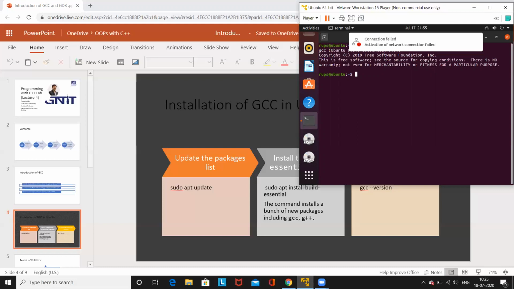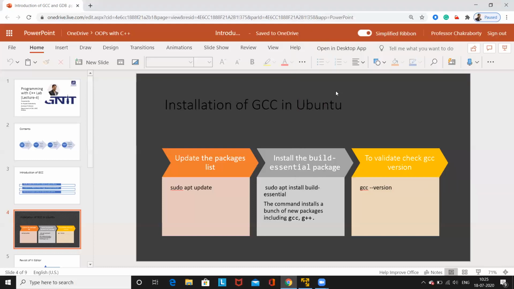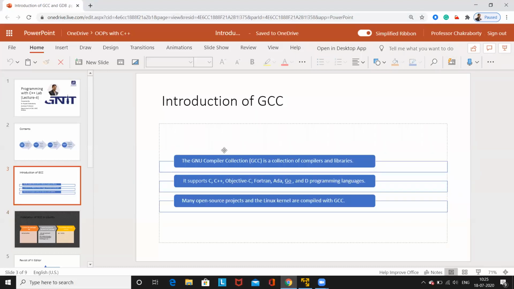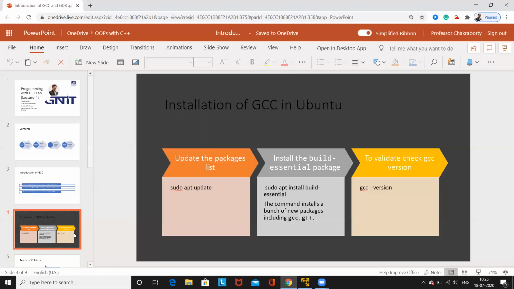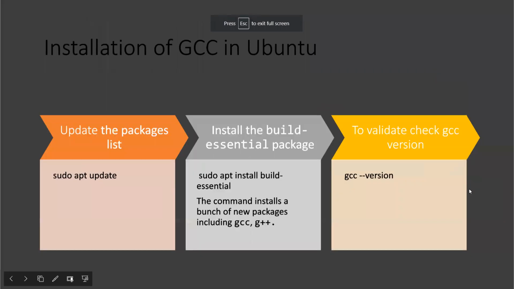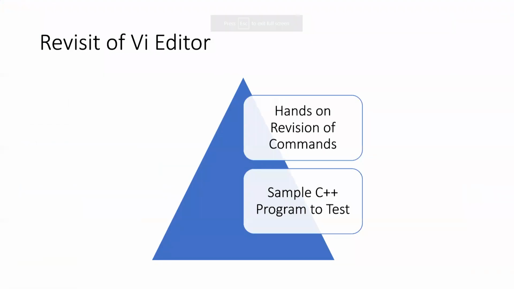Before showing this, allow me to move to my presentation. I just want to show you the vi editor. That's why I have given the heading as a revisit of the vi editor. I am briefing for two to three minutes. The vi editor is an editor.